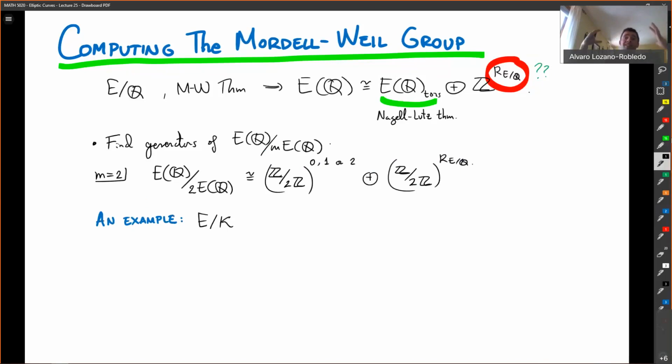I can always extend my number field to have the 2-torsion. So this works for every elliptic curve. It works better if the 2-torsion is already defined over Q. Okay, so let m be bigger or equal to 2 and assume that the m-torsion is defined over your number field.